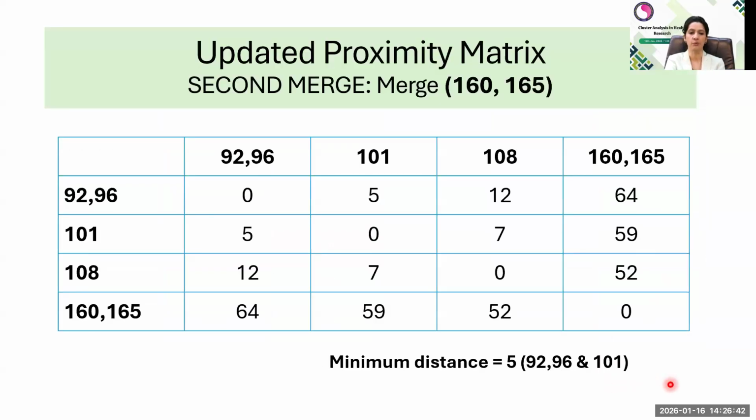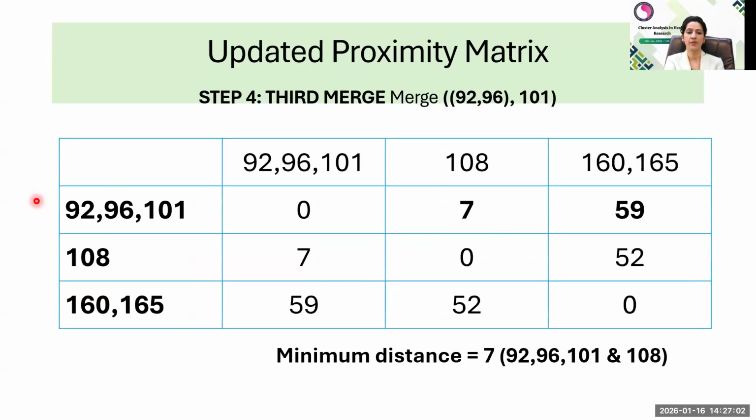I will merge these two: 160, 165 and 92 to 96. And again, these are the distances which I have measured. Again, if you see, the minimum distance is again, you people have merged it together. So we have merged 90 to 96 and 101 and 160 to 165.